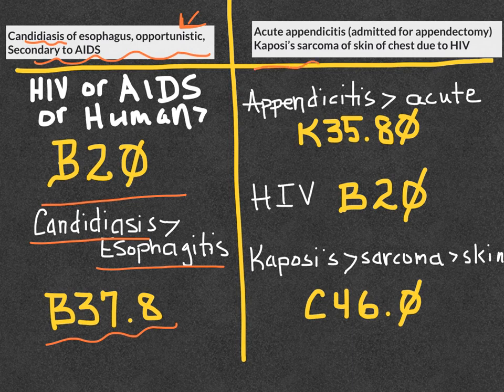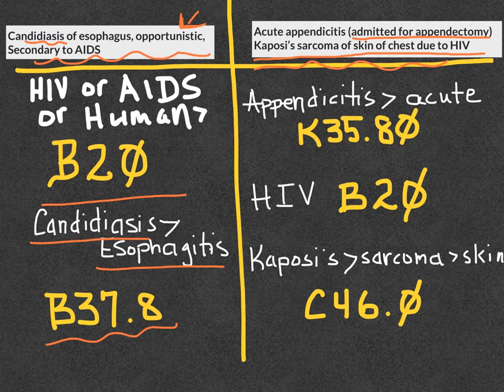Now, let's take a look over here. Acute appendicitis, admitted for appendectomy, this is important. Kaposi sarcoma of skin of chest due to HIV. So again, the key for sequencing here is where is the treatment directed?